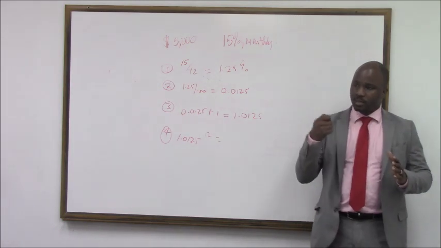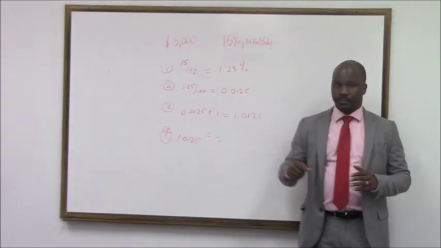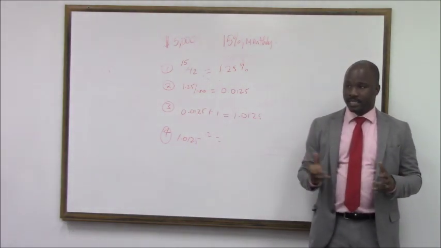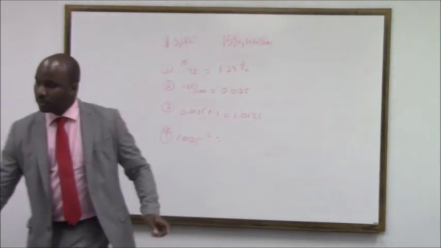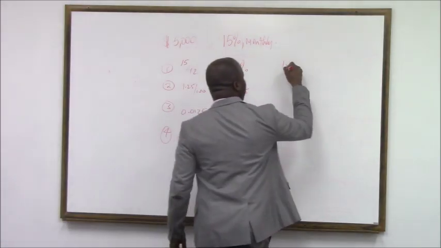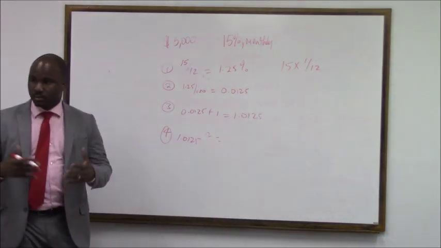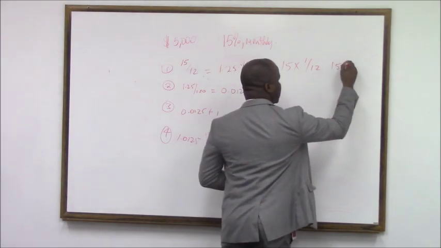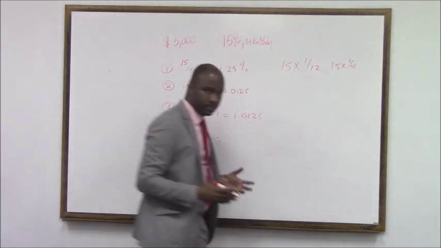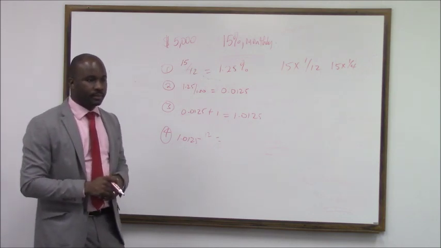They pay you 15% over 12. To make it easier, if you were back in school, they would tell you 15 times 1 over 12, because that's your monthly. If it's quarterly, they'll say 15 times 1 over 4. Make sense? We good so far, Drea?